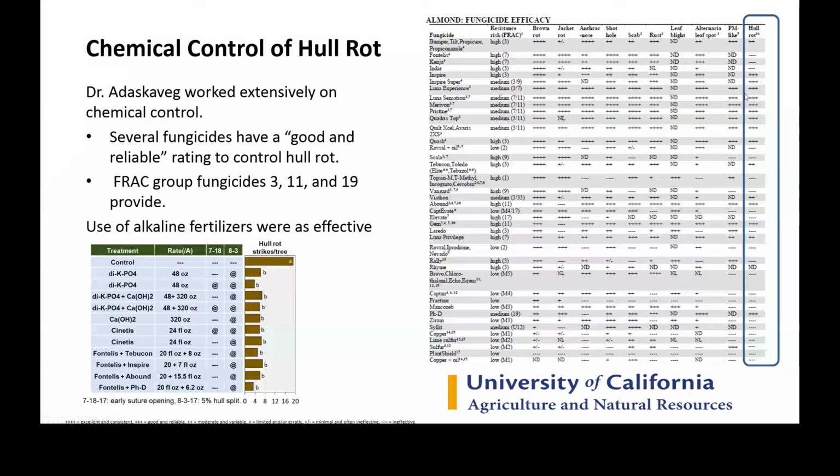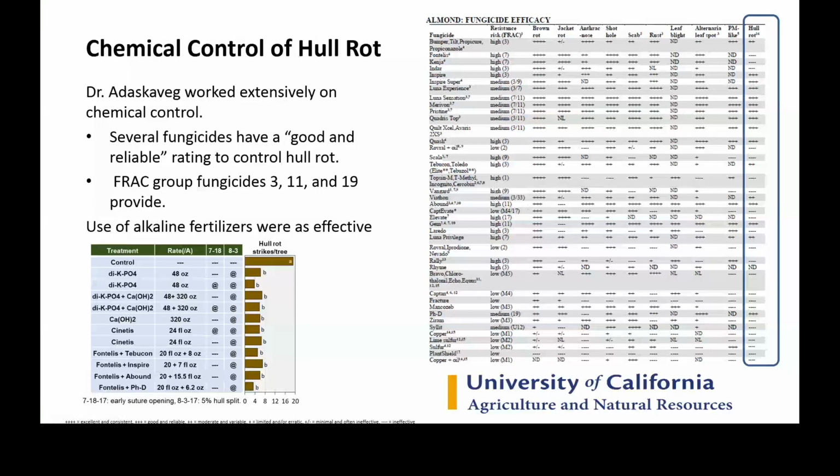It's important to remember that none of those chemicals has an excellent and consistent rating when it comes to managing hull rot. However, there are many chemicals that belong to FRAC groups 3, 11, and 19 that provide good and reliable efficacy.